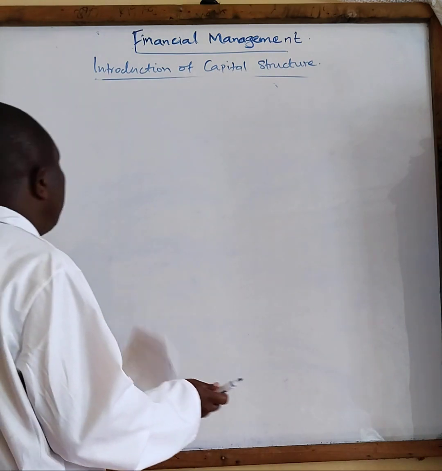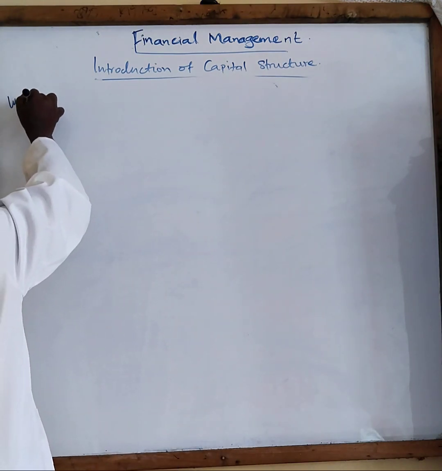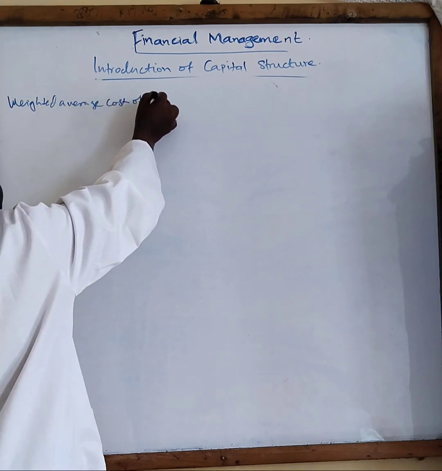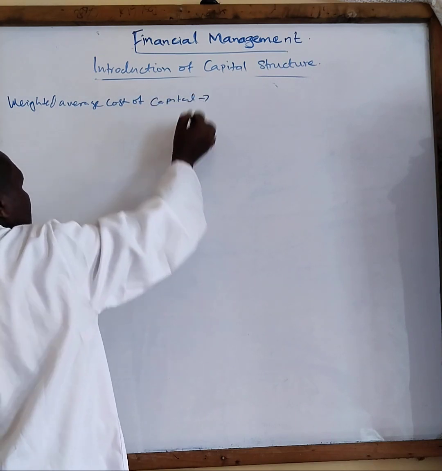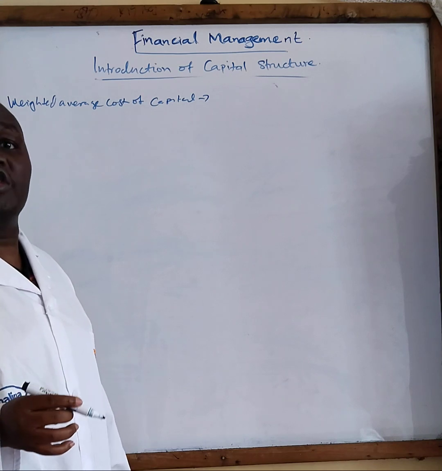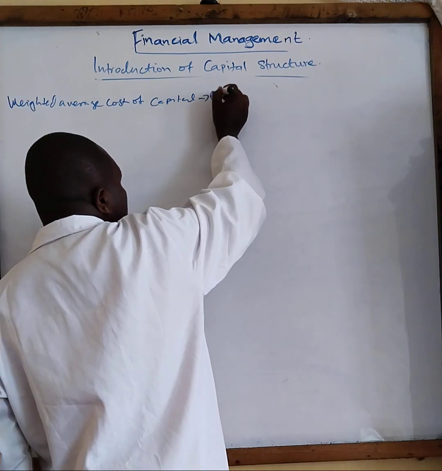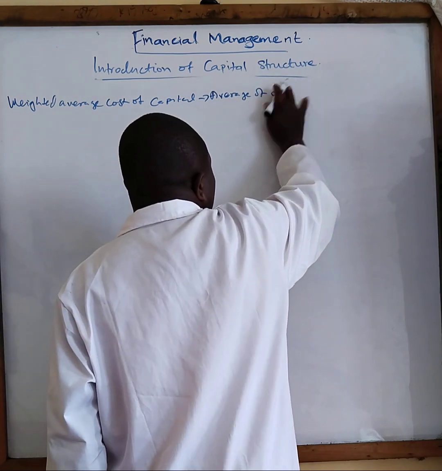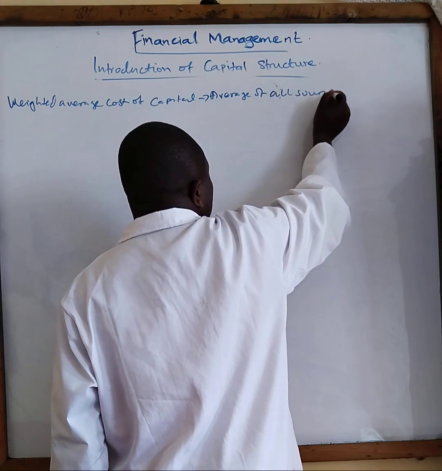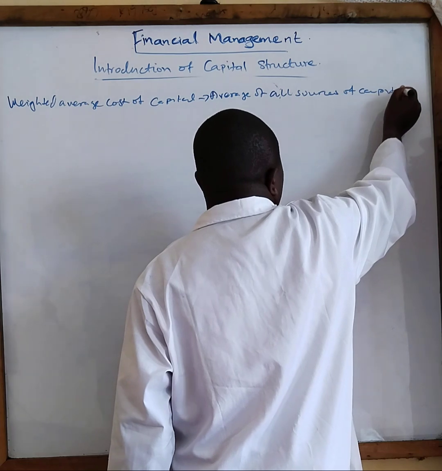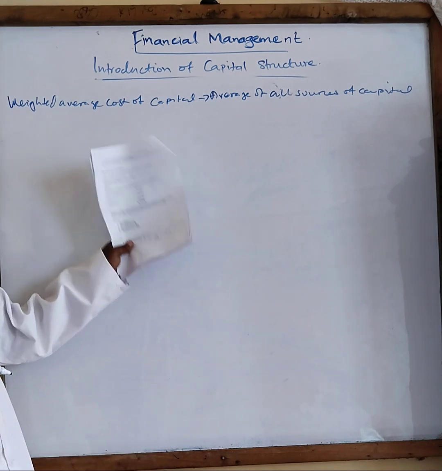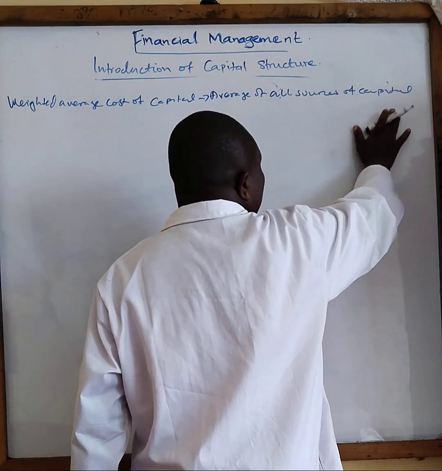Weighted average cost of capital is the average of all sources of capital. It is also called average overall cost of capital.